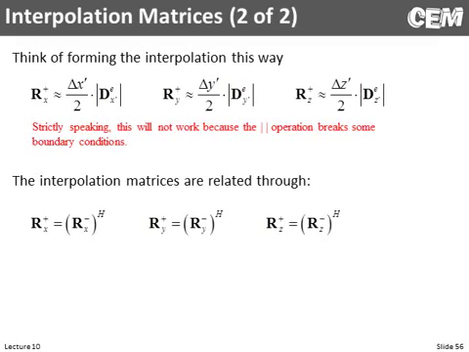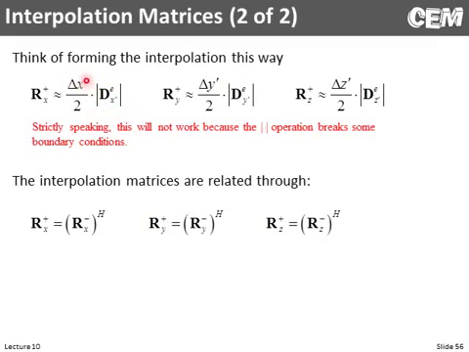So in the end, think of it this way. Think of your interpolation matrix that reaches to the next cell, interpolating in the x-axis, as sort of the derivative for electric fields in the x direction, but absolute value of that's what gets rid of the negative and makes it a positive.